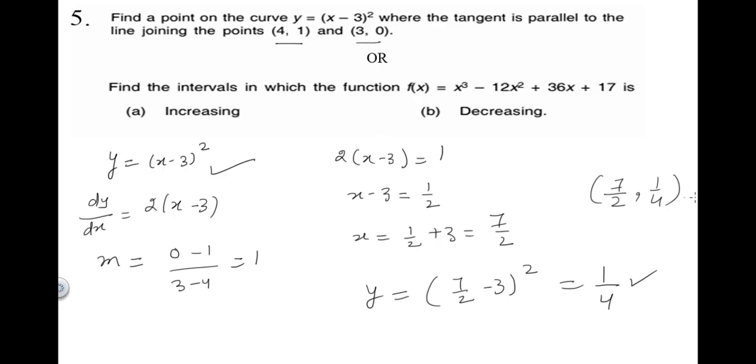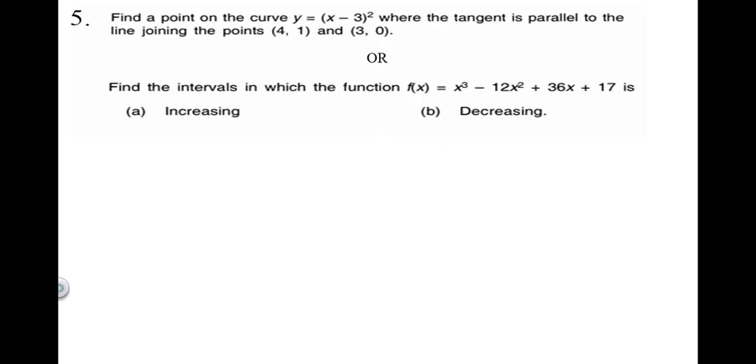In the second part, what is given? We have to differentiate this function because we have to find whether this function is increasing or decreasing, or we have to tell in which interval it will be increasing and in which interval it will be decreasing. So if I differentiate it, we get 3x square minus 24x plus 36.